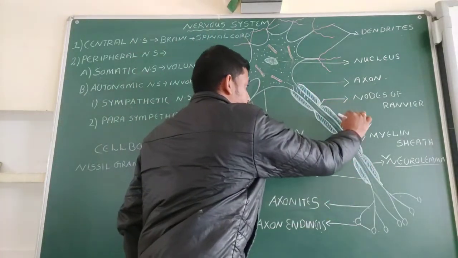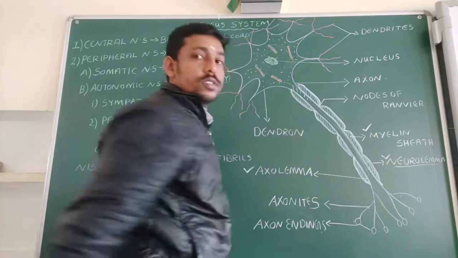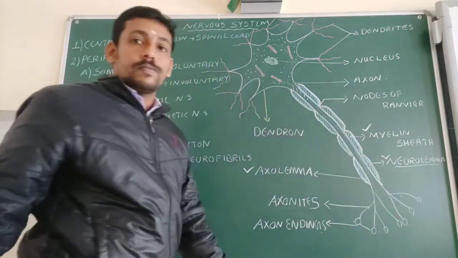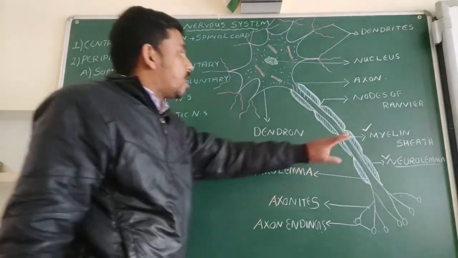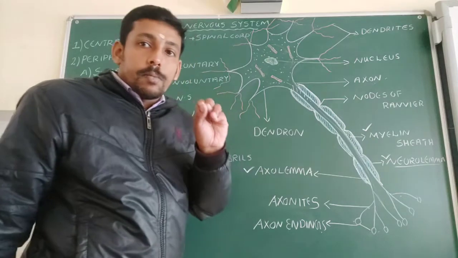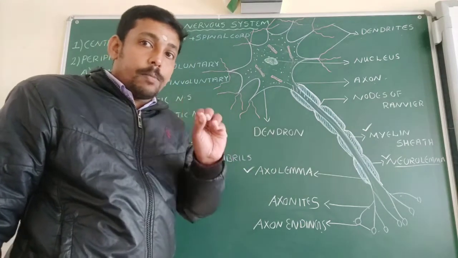Here the neurolemma is continuous like this. The axolemma is also continuous. But the myelin sheath is not continuous. It has some constrictions at some places.